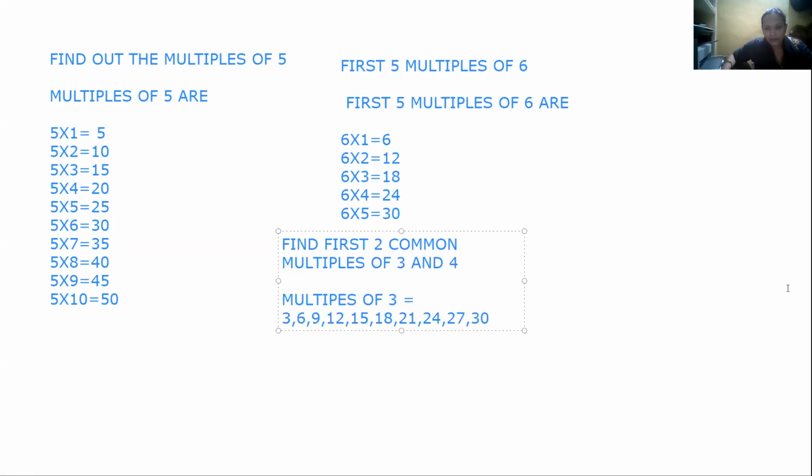Now let's write down the multiples of 4, right?